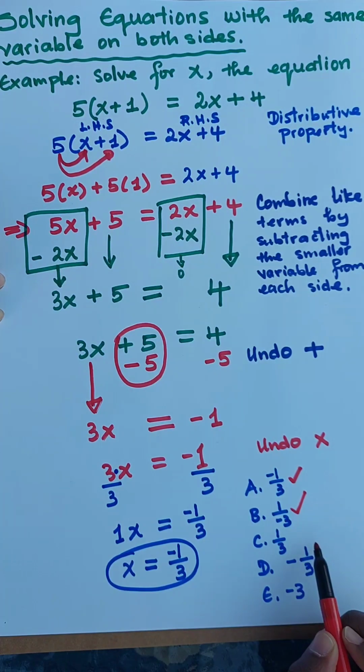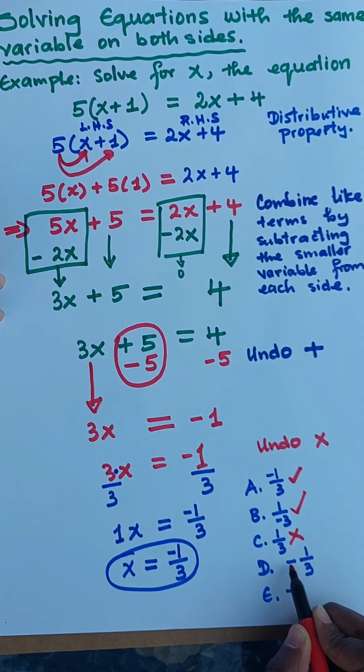Okay, when you are using fraction bars, you need to be careful. C says 1 over 3, there is no negative. It is not at the numerator, it's not at the denominator. This whole thing is positive. No. D has a negative, but it is not on the 1, it is not on the 3, it is in front of the division sign, telling you that the whole fraction is negative.